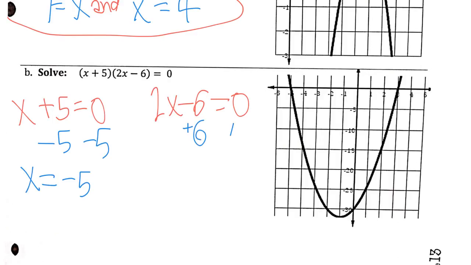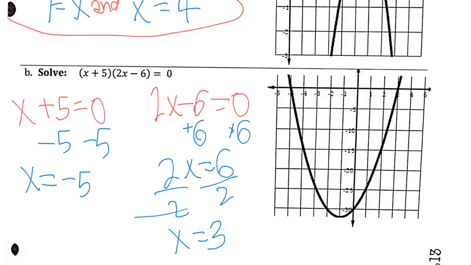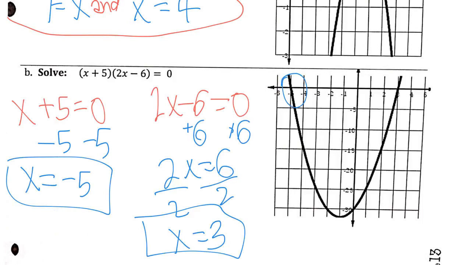And then if we add 6 to both sides, 2x is equal to 6. Divide both sides by 2. X is equal to 3. So our two solutions are x is equal to negative 5, and if we look at the graph, that makes sense, and x is equal to 3. And if we look over here on the right-hand side of the graph, that makes sense as well.